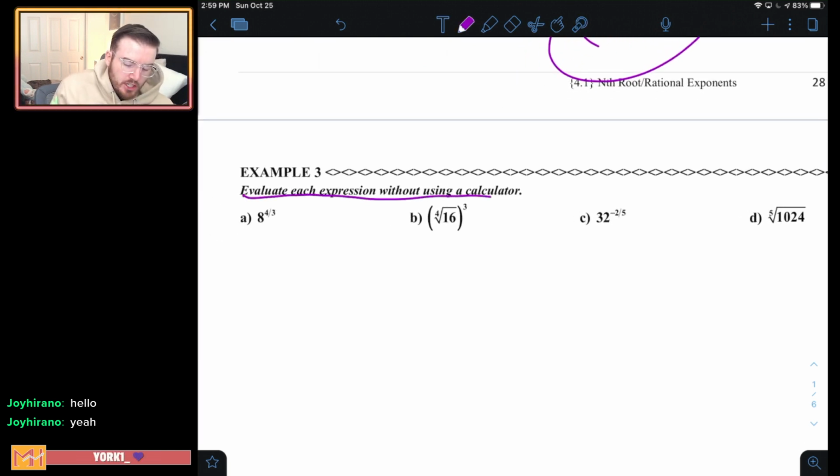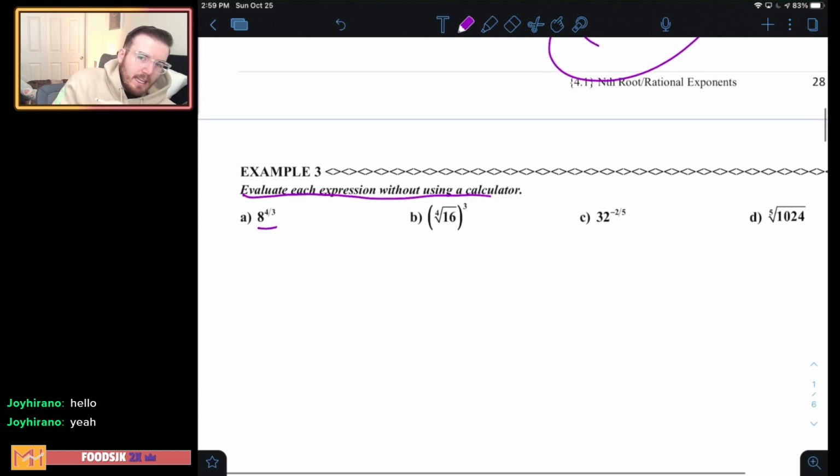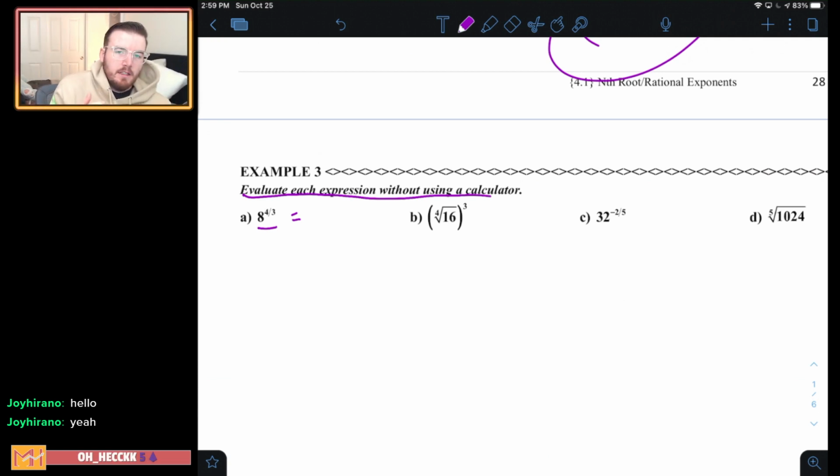Evaluate each expression without using a calculator. So 8 to the 4/3. What is that? Well, it might help you to think about it if you rewrote it using radical notation.